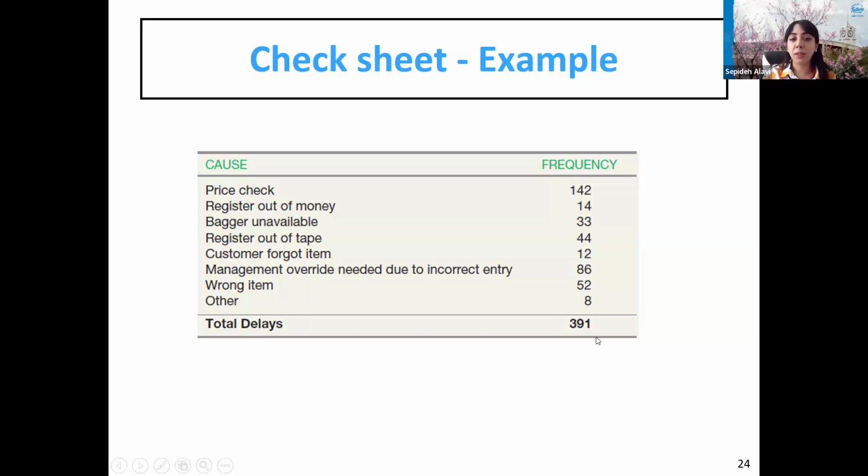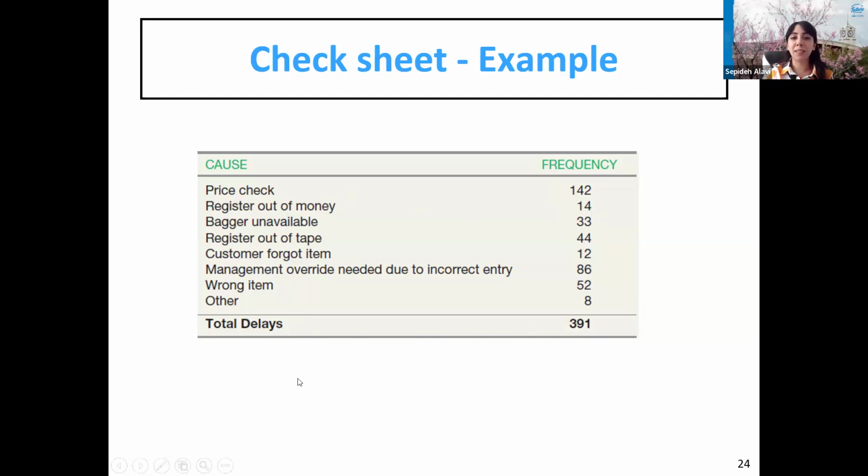Well, out of 391 total delays, 142 times that was due to the price check that was taking time for the clerk. 14 times was related to the register being out of money. 12 times related to the customers getting the item and then going back in order to grab their item off the shelves, coming again to check out.